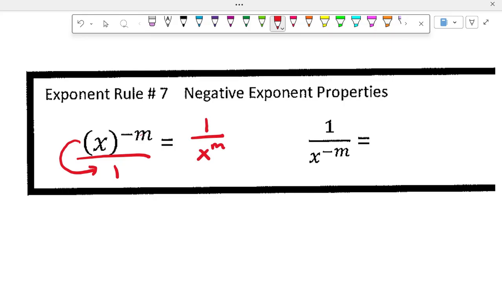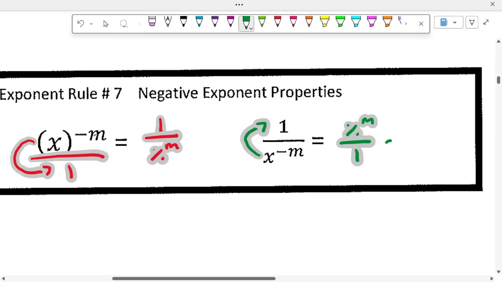Now, on the flip side, if the negative exponent is in the denominator first, we move it to the numerator. All right, so in other words, it can flip-flop around the fraction bar depending on where it is originally. So this would be x to the m over 1, which is just x to the m.